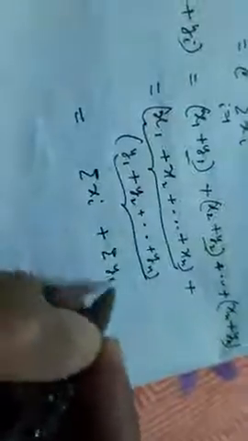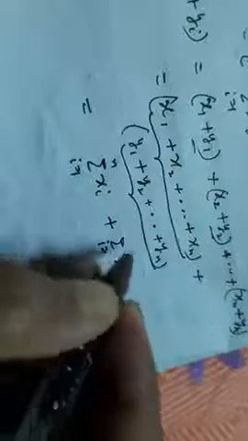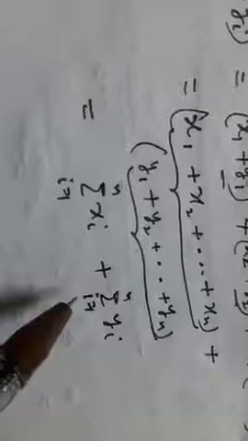And you understand it, this is summation xi and this is summation yi. So I write summation xi and summation yi and give the proper ranges. So what we find here? We find that if there is some addition within the summation sign, then it can be broken into two sums.